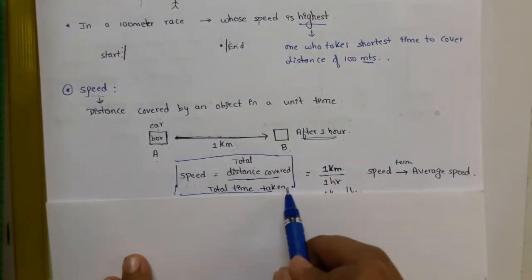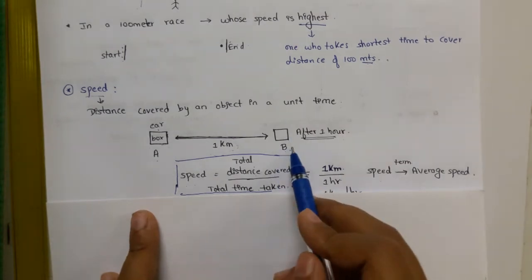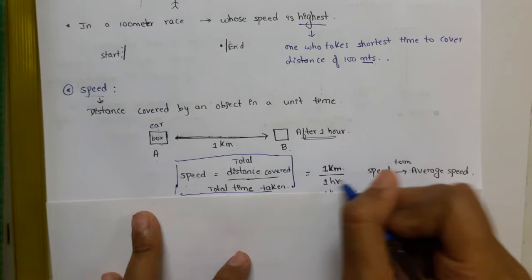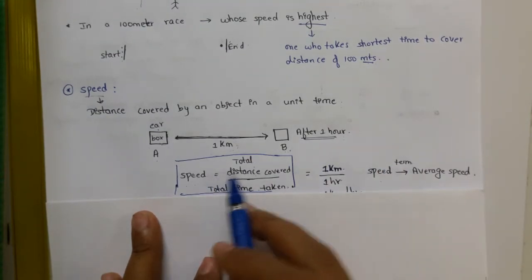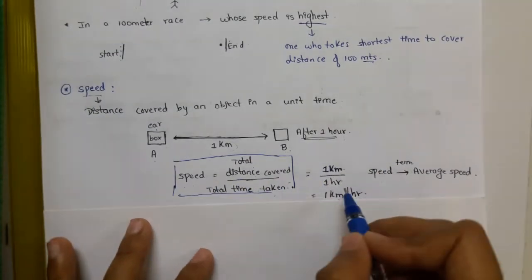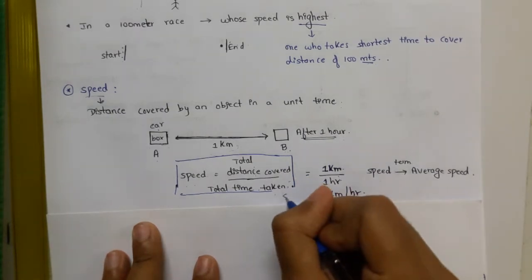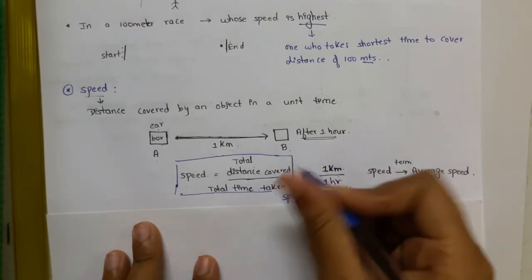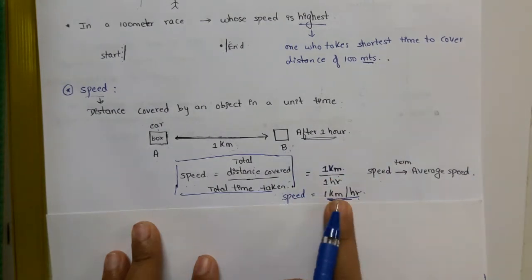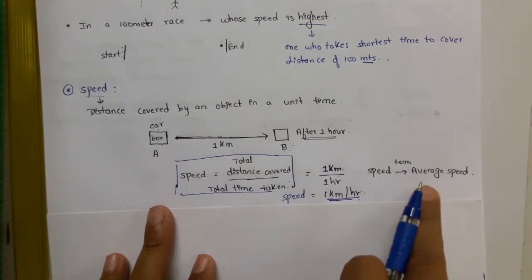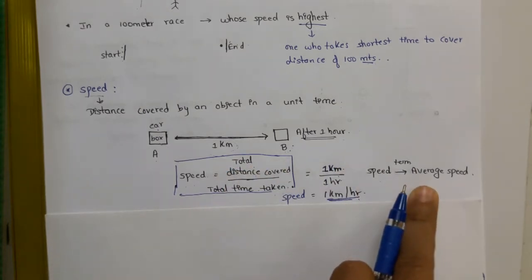The total time taken by the car to reach the point is 1 hour. So what will be the speed? The speed will be equal to 1 kilometer per hour. This is the speed of the car to reach point B: 1 kilometer per hour. The speed here is actually the average speed.